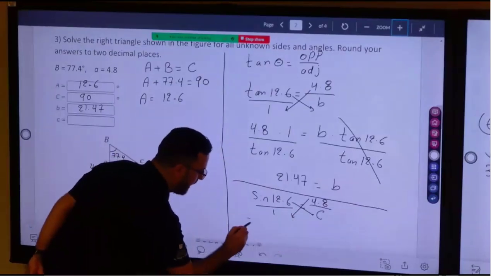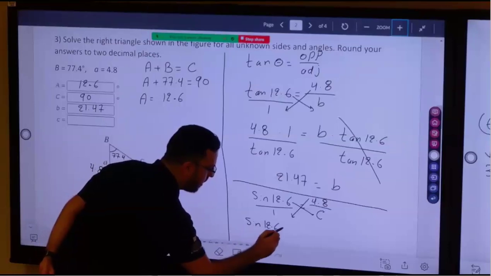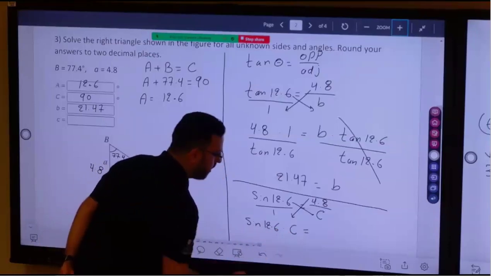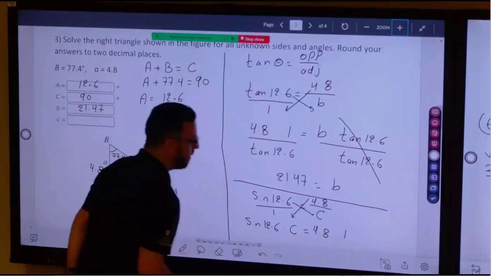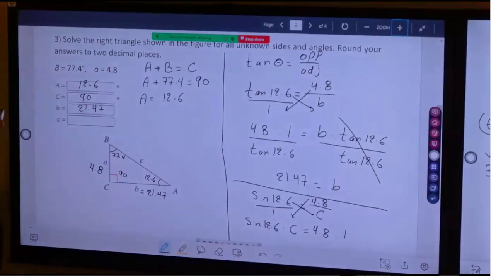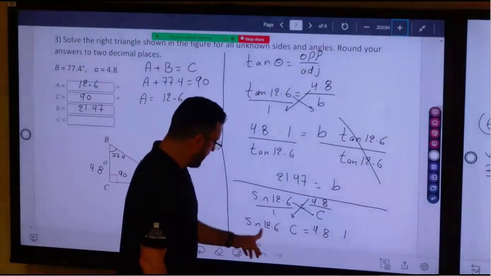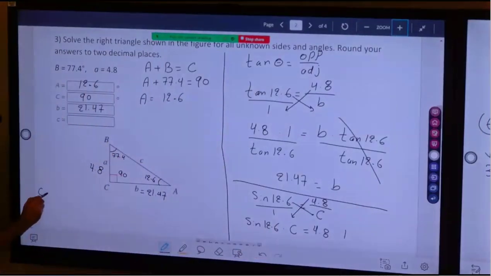So sine 12.6 times C equals 4.8 times 1. Next step, divide by sine. Write down here. So C is going to be equal.